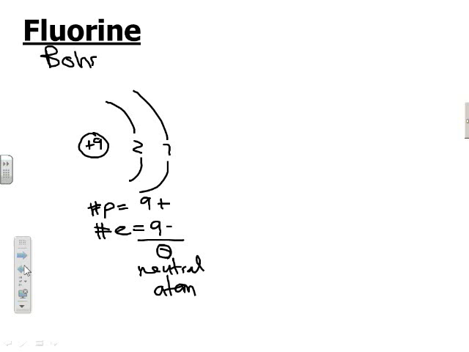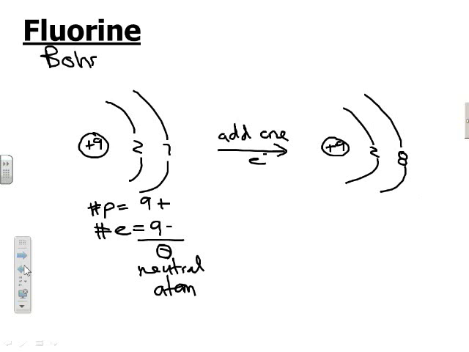Let's now add our electron. We're going to add 1 electron, because that's all we need to get the full outer shell. Plus 9, 2, 8. Number of protons stays the same, 9 positives.